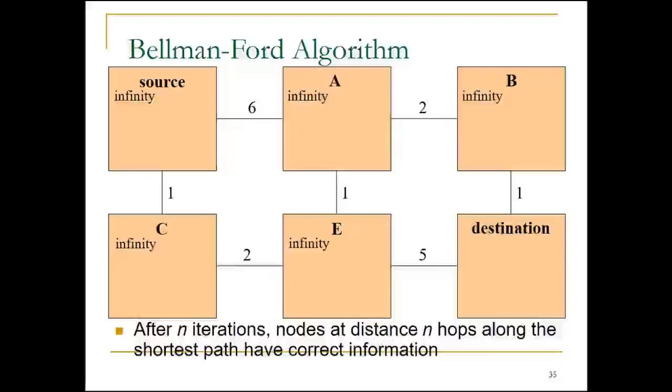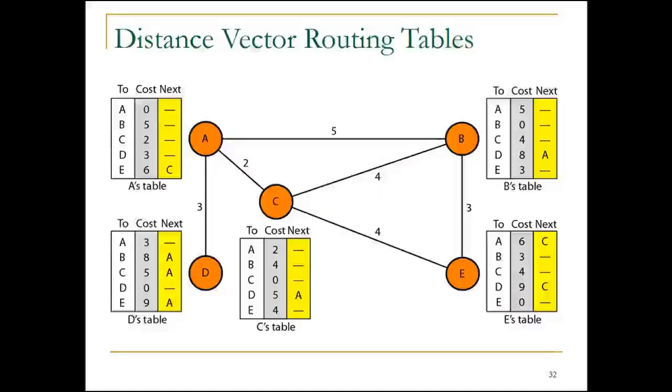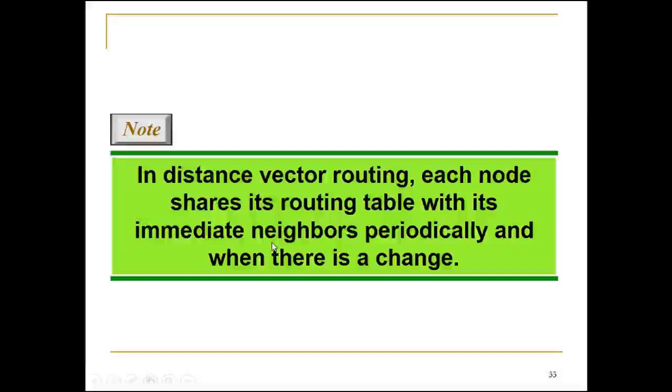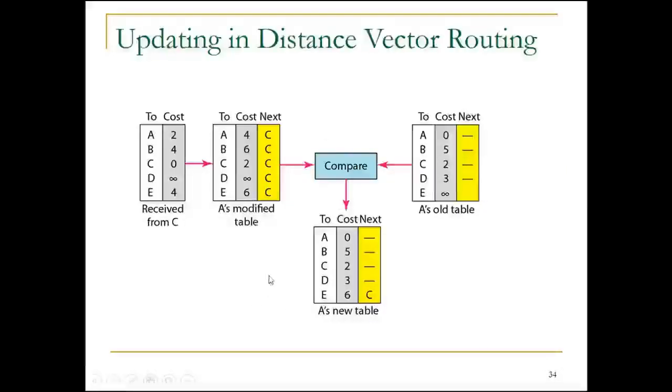So the most widely used distance vector routing algorithm is the Bellman-Ford algorithm, which is practically what we just went through, from this point on, from this to updates and more updates and comparing the updates.